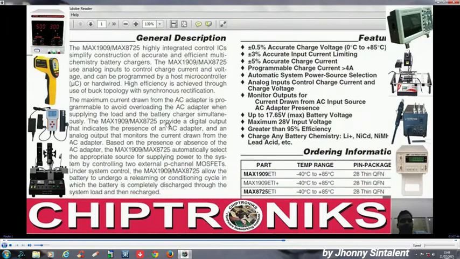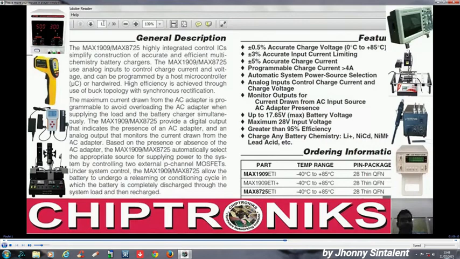And the MAX 1909-8725 provides a digital output that indicates the presence of the AC adapter and an analog output. The digital output is AC OK, whereas the analog output, we'll see, is IINP, right? Input current monitor output, and we'll see it in this data sheet.